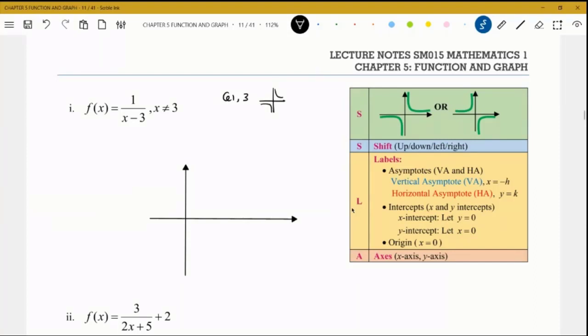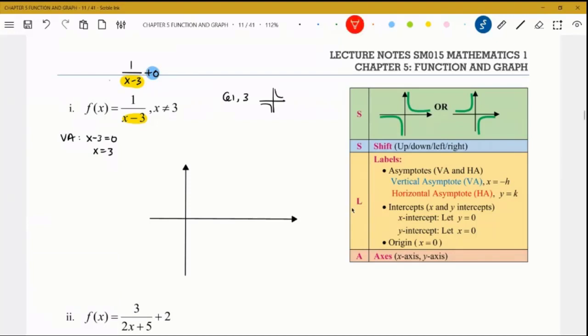Okay, so we're going to find your VA first. So VA datang daripada ini. So we have x minus 3 equal to 0. x is going to be equal to 3. And then ini sama juga dengan 1 over x minus 3 plus 0. So VA kita tengok pada bahagian bawah, HA kita tengok pada yang ini.